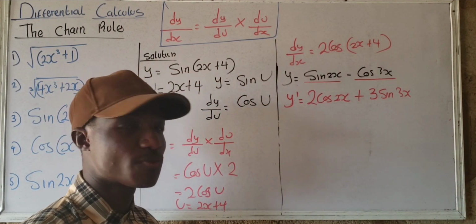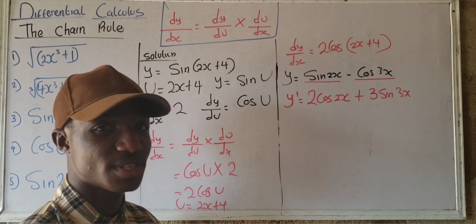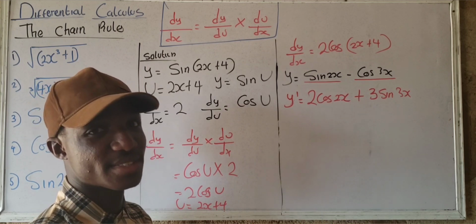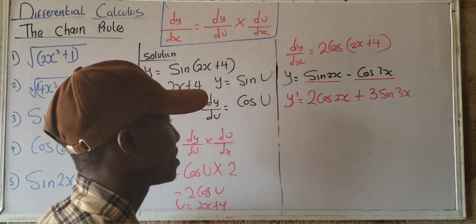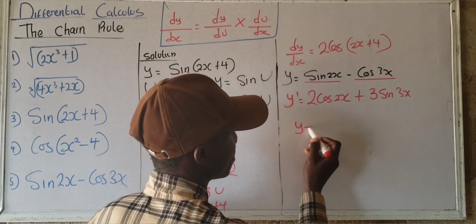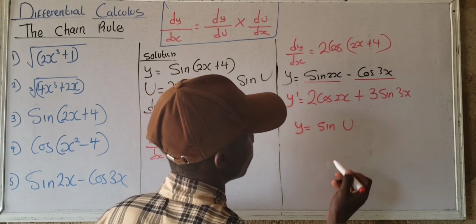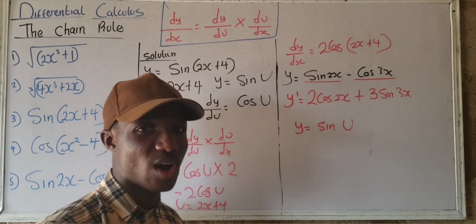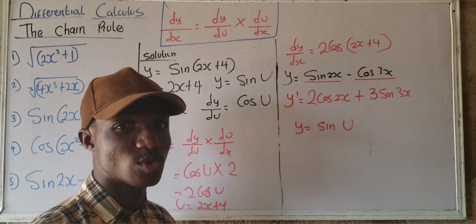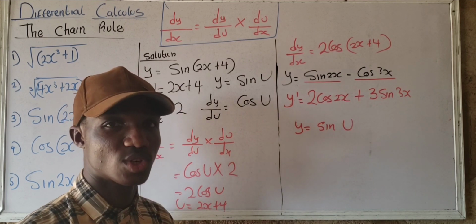Now, let me give you the formula that you're going to use. If you are dealing with a function that involves trigonometry, you can use this formula. Let's say you have to differentiate y equals sine u. You know that for basic calculus, the derivative of sine x gives us cos x. So sine u will give us cos u.